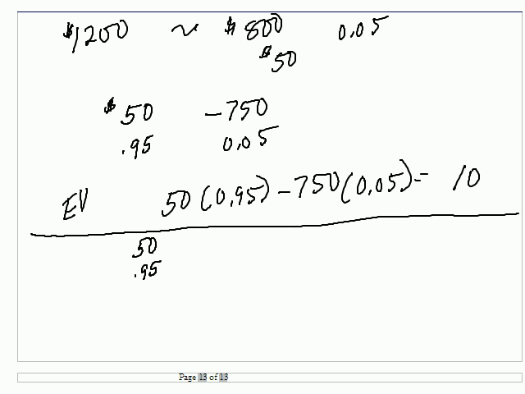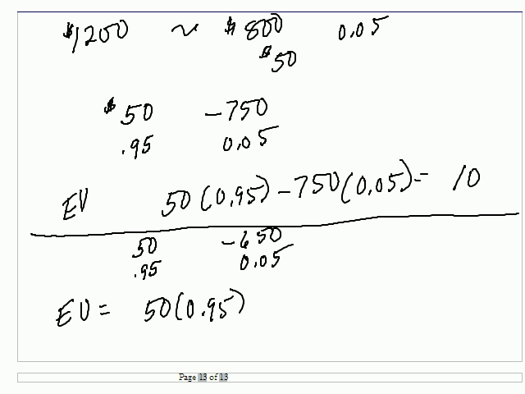So now it's only minus $650 cost to them to replace that TV, and it's a 5% chance they have to do it. What's the expected value here? It's 50 times 0.95 minus 650 times 0.05. In this case, I think it comes to like $15. So by charging that $100 deductible, they increase their expected value on the TV.